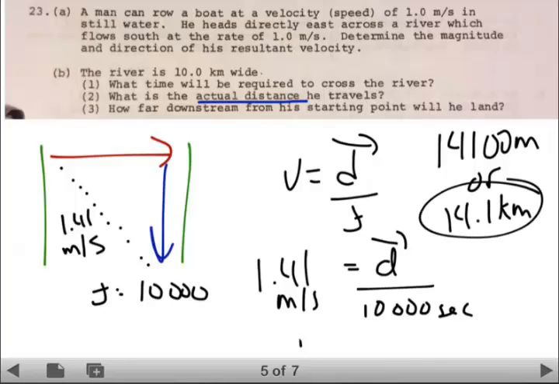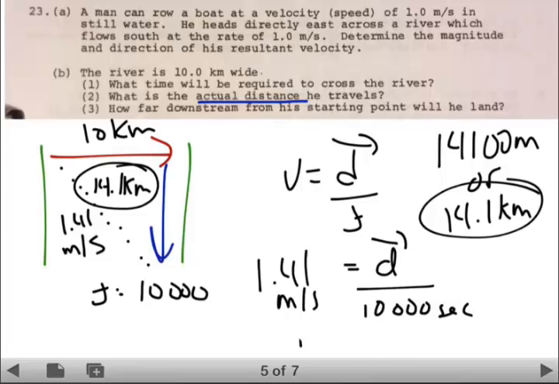Okay, so that's what he's gone along here, 14.1 kilometers. Okay, so that's along the hypotenuse. That's how long he's actually traveled. Now, of course, this is only 10 kilometers wide, but he's actually had to travel this distance because of the movement off the path he was hoping to be on.